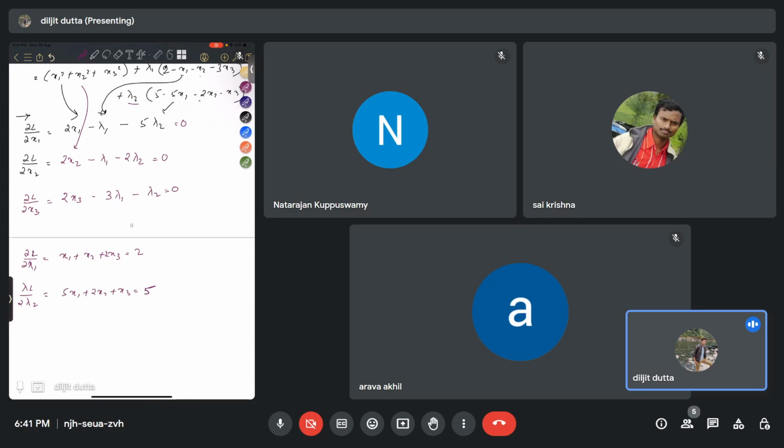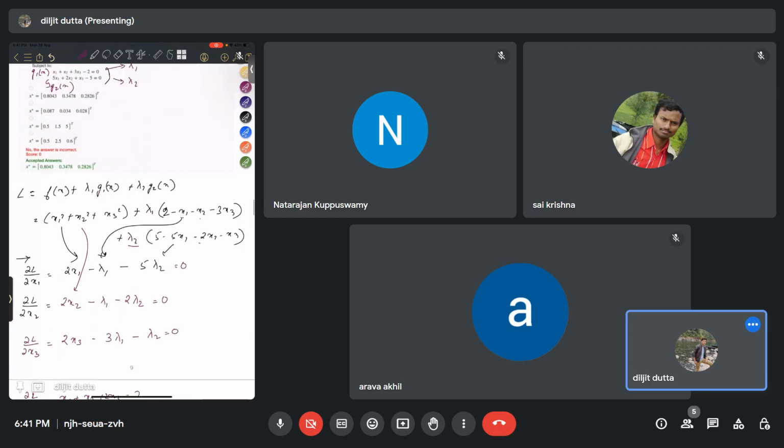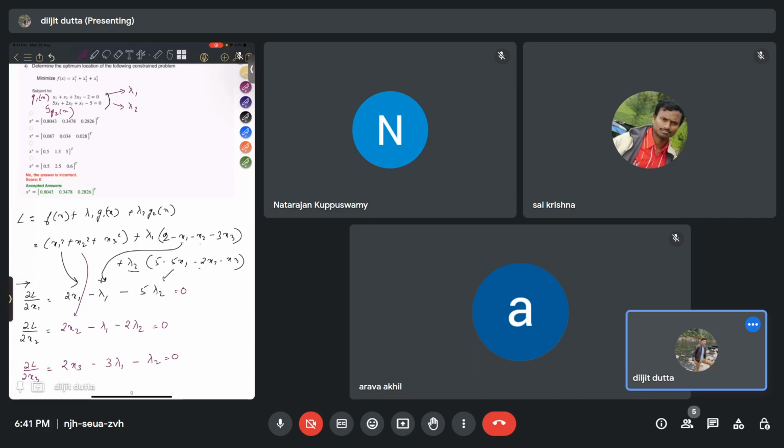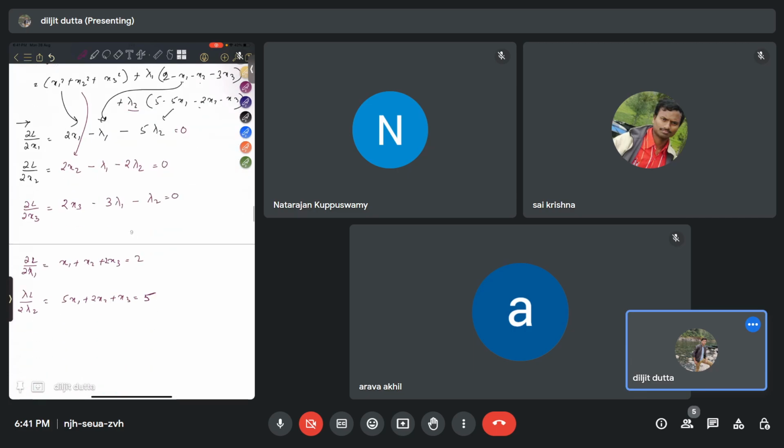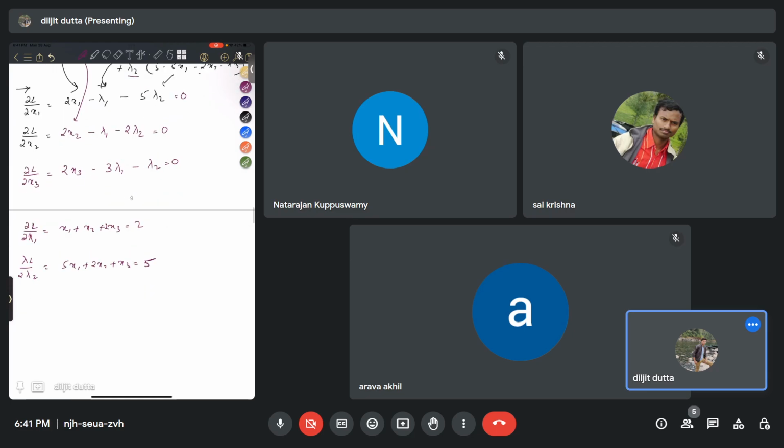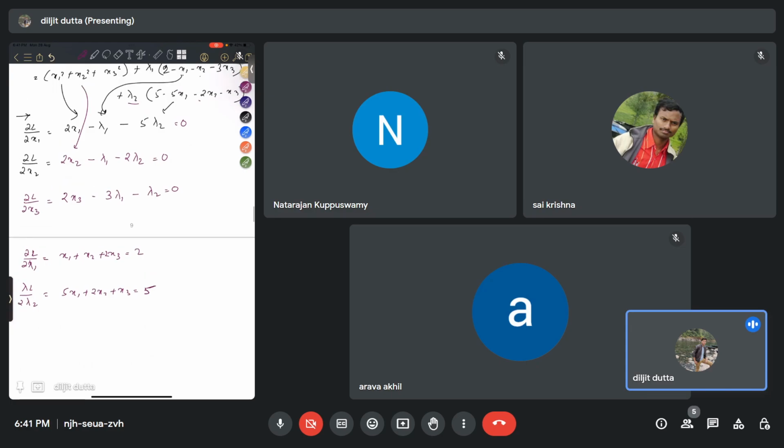Okay, so there are 5 variables and 5 equations. So how do we solve these equations? We can solve the linear equations one by one. Let us write x1, x2 and x3 in terms of lambda 1 and lambda 2, and then substitute in the fourth and fifth equations.